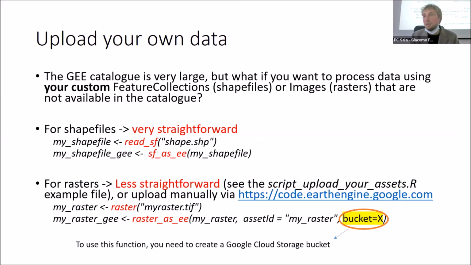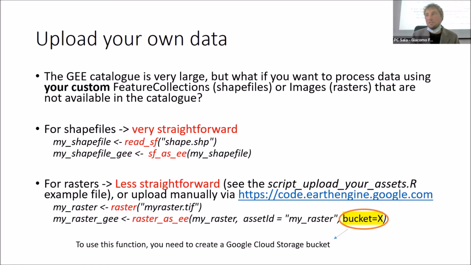But as an alternative, you can instead do it manually via browser. So if you go to code.earthengine.google.com, which is the web-based platform for using Google Earth Engine, there is an upload section where you can upload raster data for free, but it's manual.